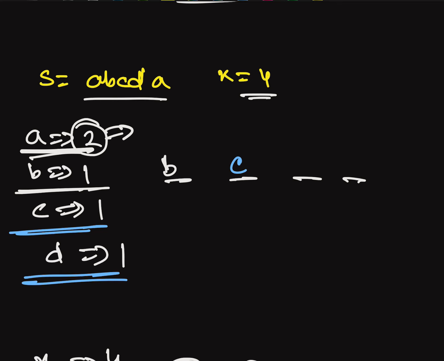Now this is d. So I will take one empty string and place d there. Right? Now we still have one remaining empty string. That is correct. I have already placed B, C, D.